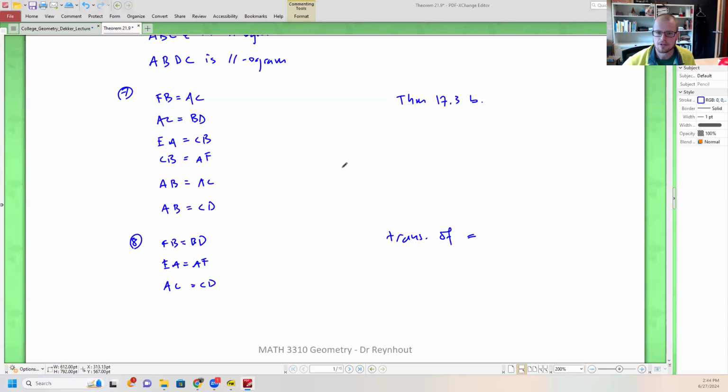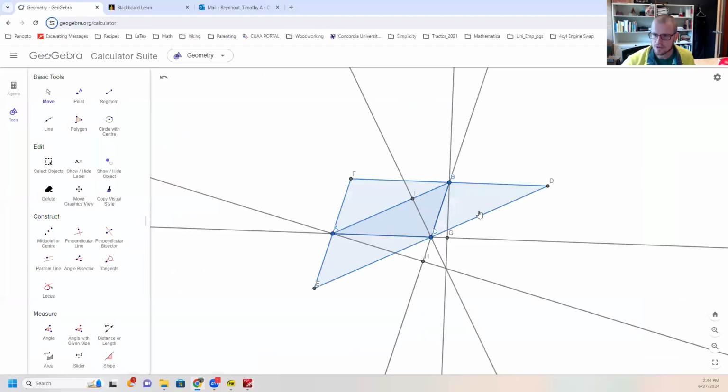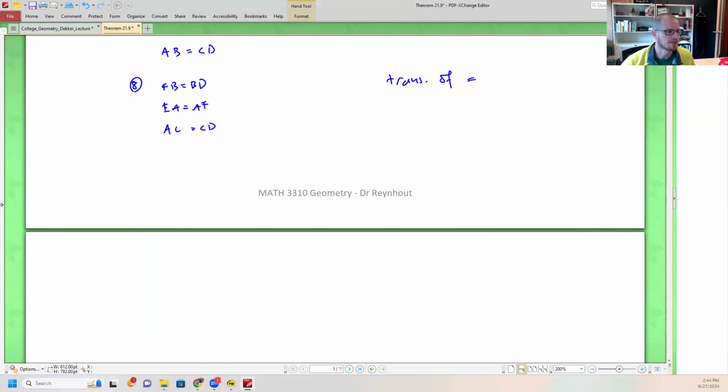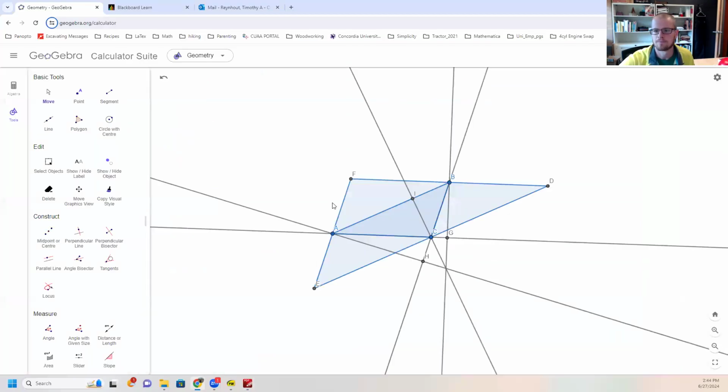Where else do we need to go from that? Okay, that established that this is a midpoint, this is a midpoint, and this is a midpoint. So we can say that, step 9 here: A is the midpoint of EF.